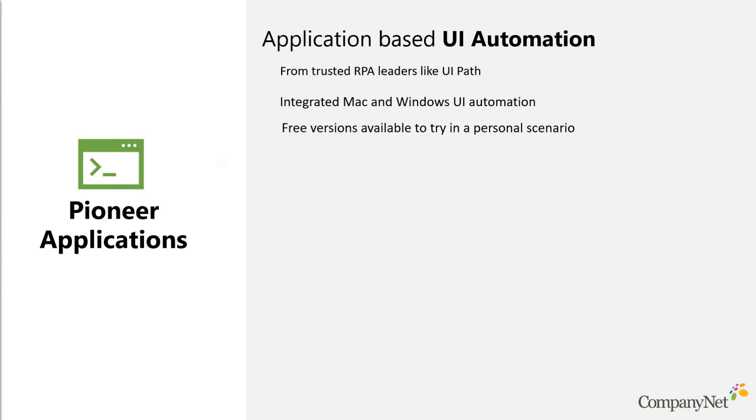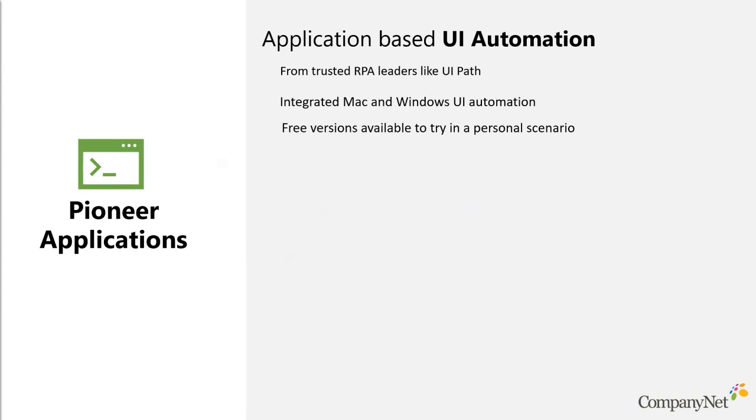It's the mature element here that we're looking at, things like UiPath and Blue Prism and all the other automation houses. They have been building and advancing these tools for such a long time. They are fully compatible with different versions of Windows, different versions of Mac. They even have free versions that you're available to try and use in a personal scenario.